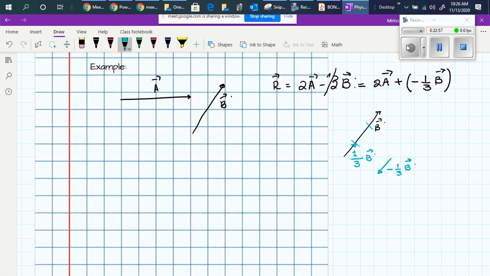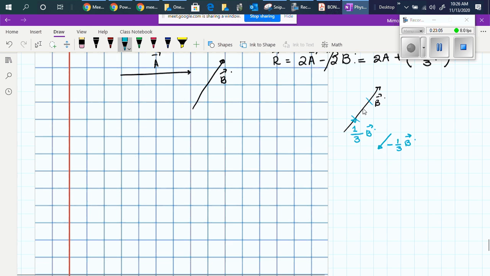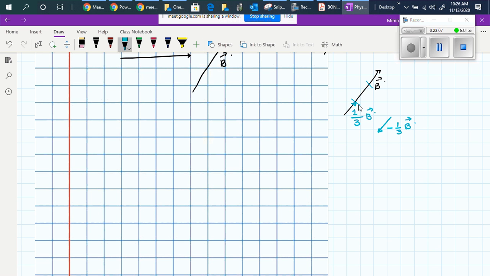So when we find the resultant of 2A minus 1/3 B using the parallelogram method, we pick a point as the starting point and draw vector A, and another A to make it 2A.